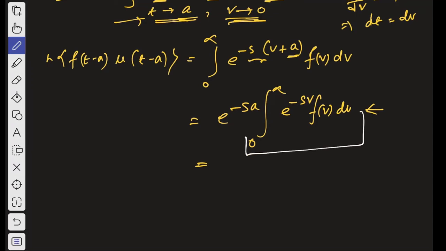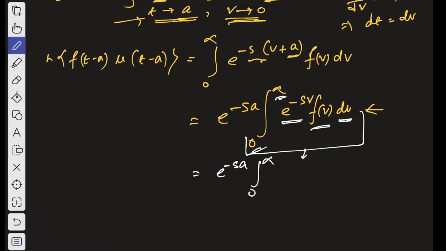So by the definition of Laplace transformation, you can write this result as e to the power minus sa times the integral from 0 to infinity of e to the power minus sv f of v dv.